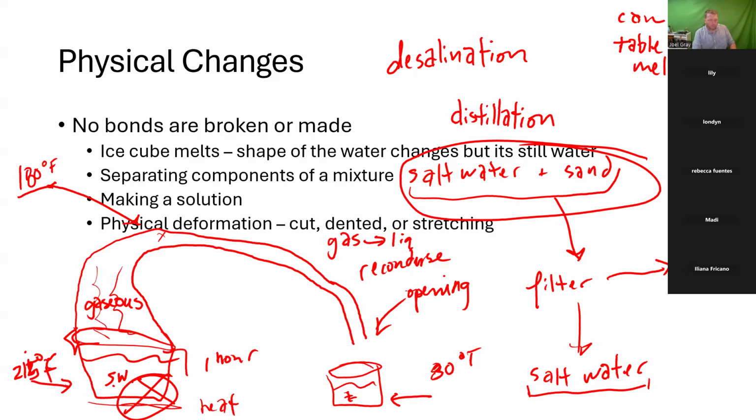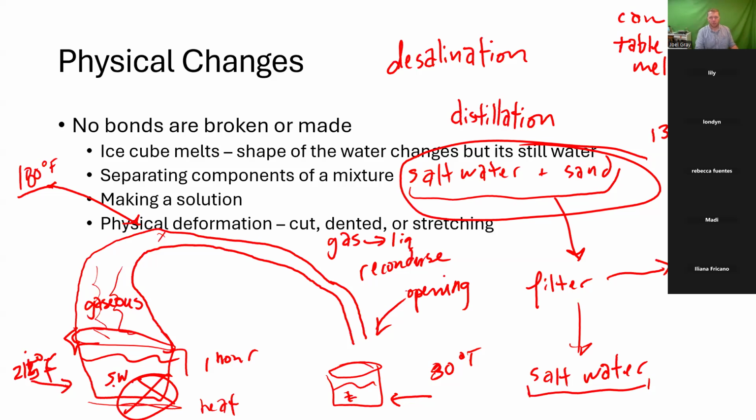The melting point for table salt is like 1,300 degrees Fahrenheit. So if we heat table salt to 212 degrees Fahrenheit, do we have to worry about table salt melting into a liquid? No, we're good. We don't have to worry about that. Table salt can melt, and if we get it that hot, it will.